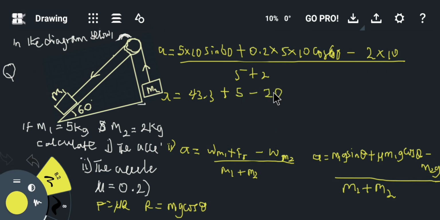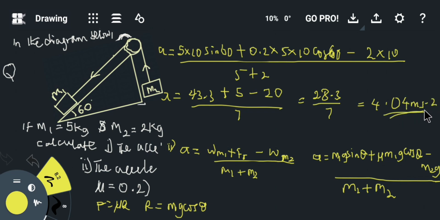Minus 20 all over 7. If we simplify further, we have 43.3 plus 5, that's 48.3, minus 20, that is 28.3 divided by 7. When we simplify that down, we have 4.04 approximately meter per second square.